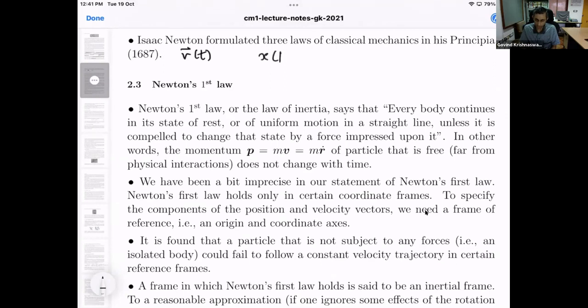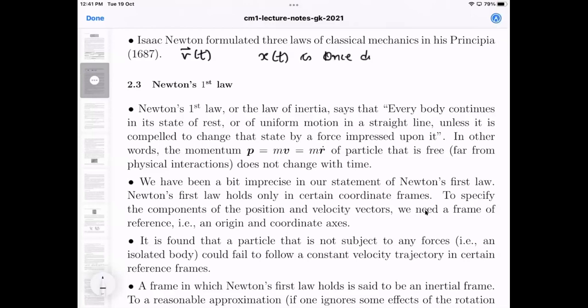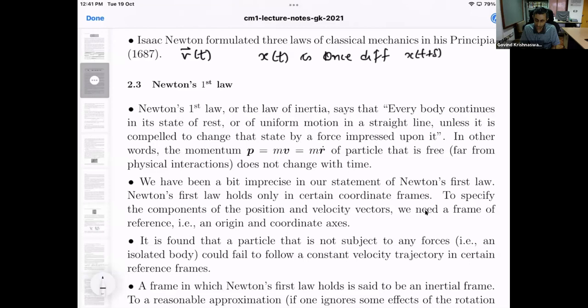A function x of t is once differentiable if x of t plus delta t minus x of t, divided by delta t, as delta t goes to 0, has a finite limit for any t.